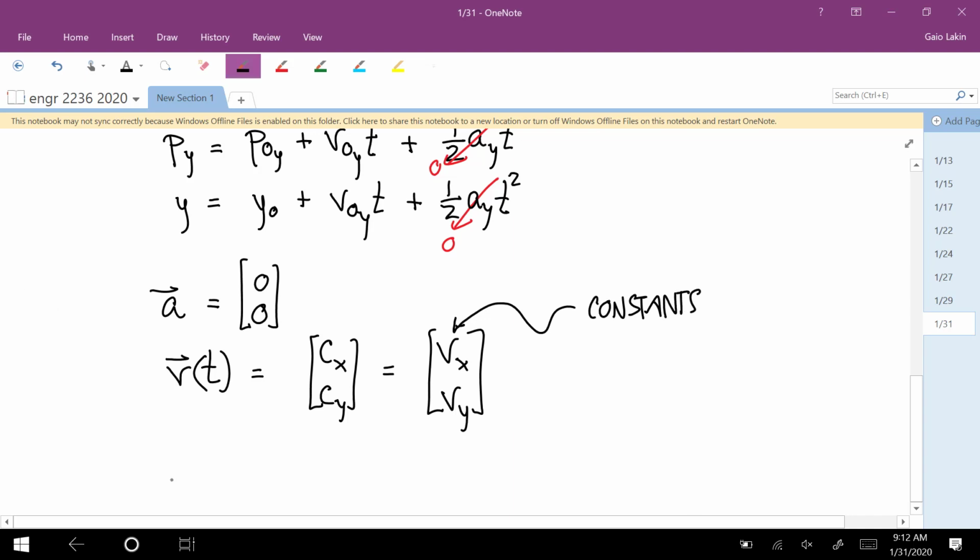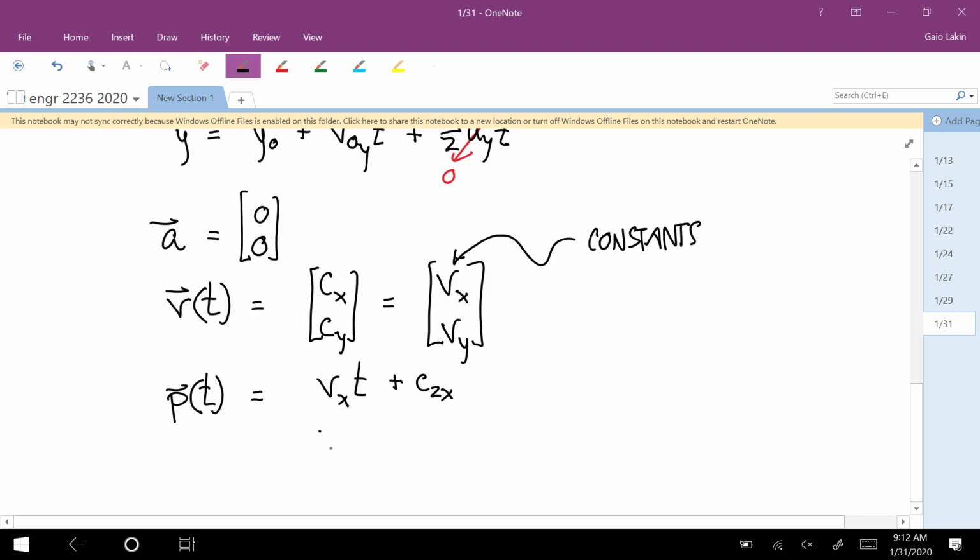And then you can integrate that, and position as a function of time is equal to V_x t plus c_2x, V_y t plus c_2y.